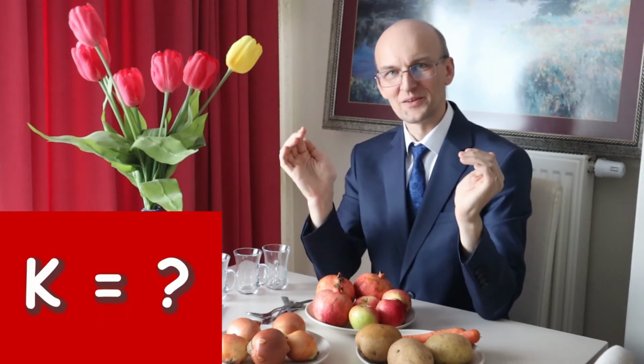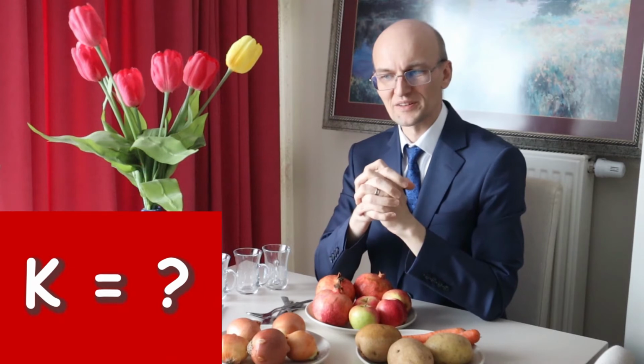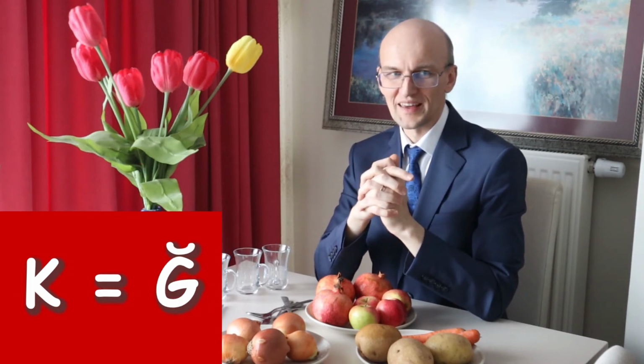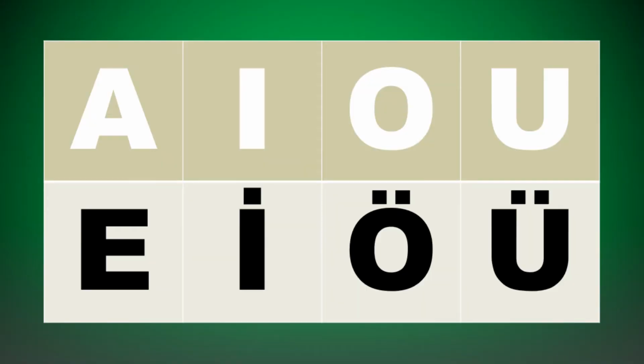When you have k in the end and you add something with a vowel, see what happens. K turns into a kind of G that has this thing over it. And it's pronounced differently for the vowels that are at the back and for the vowels that are at the front. So let's look at what we have here.